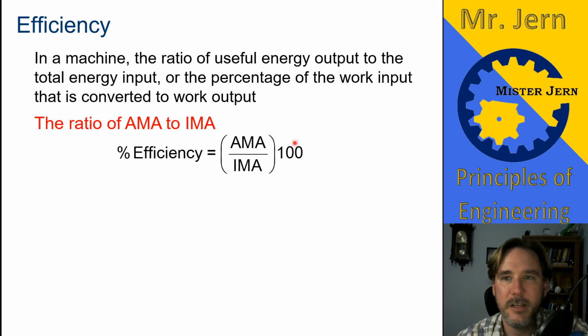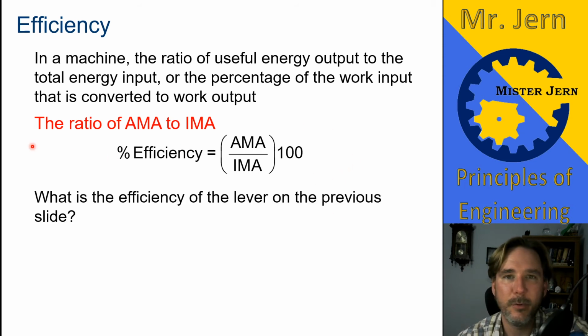All right, efficiency is basically we lose energy every time that there's friction involved. Whenever there's friction, it takes energy to overcome that friction. So we're interested in useful energy output. So what we do to figure out the efficiency is we take our AMA divided by our IMA and multiply it by 100. It's going to give us our percentage efficiency.